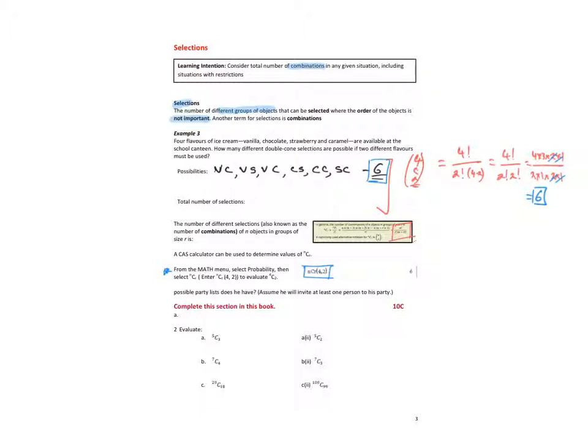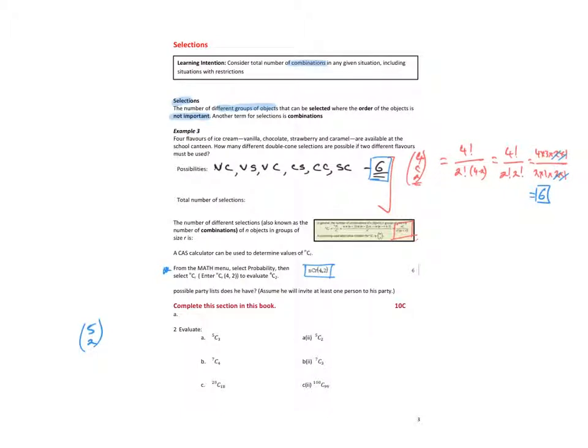All right, so I know I've got you to do these questions in your book, but for example, 5C3. Now I can write 5C3 because mathematicians like shortcuts. We can just do 5 and 2 without the C sign. So 5, 2 round bracket is equal to 5 factorial over 2 factorial, 3 factorial.